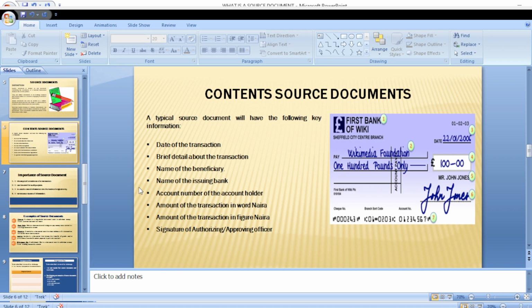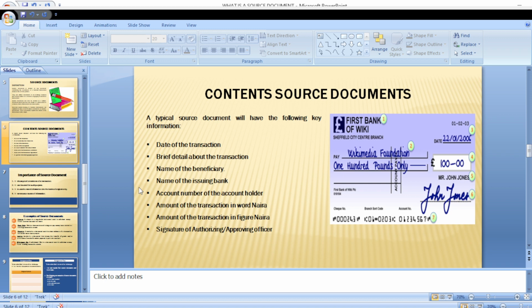Now, the check will also have a brief description of the transaction. So this is a transaction that has taken place between Wikimedia Foundation and First Bank. First Bank is the issuing bank, the bank with which the owner of the account has an account.